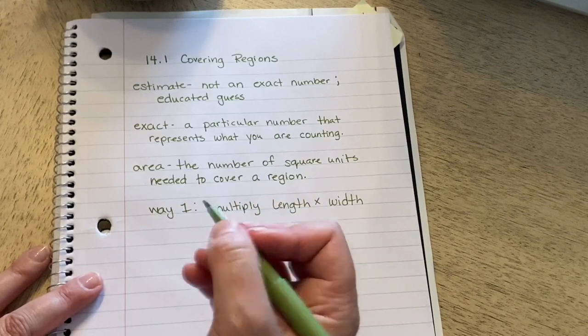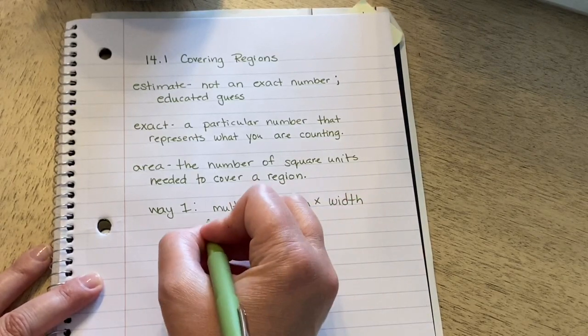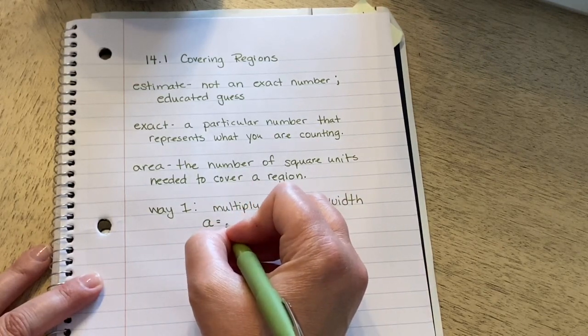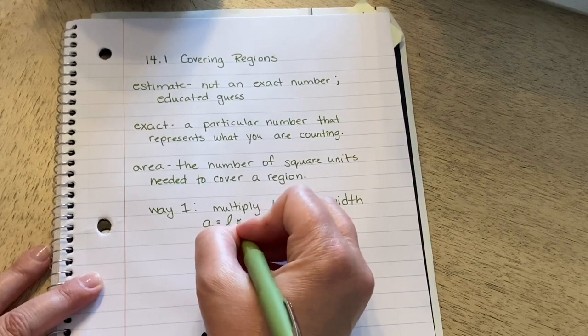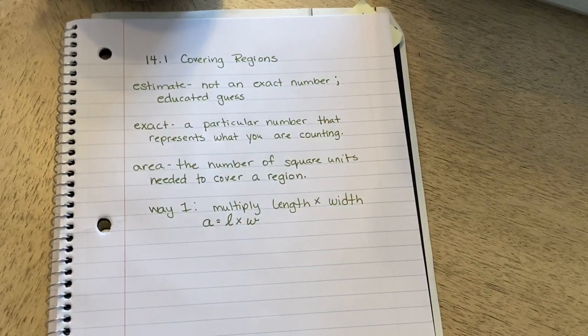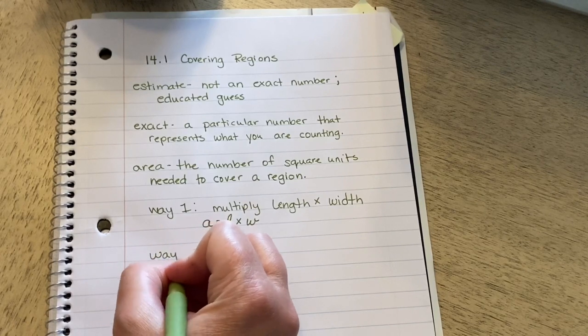So one thing you need to remember as you go throughout school is that area, it's a formula. Area equals length times width. So we're going to multiply.